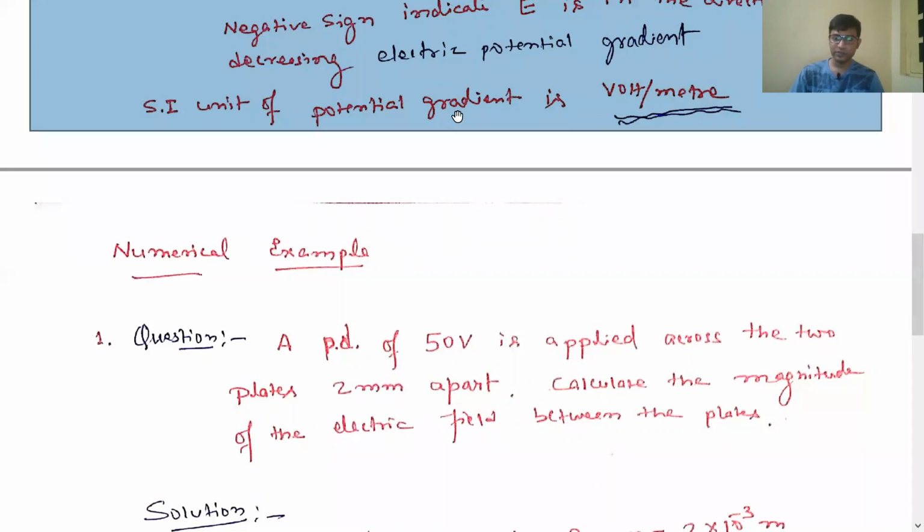Let us suppose this is one plate and this is the other plate, and the distance between them is 2 millimeter. The potential difference is 50 volt.